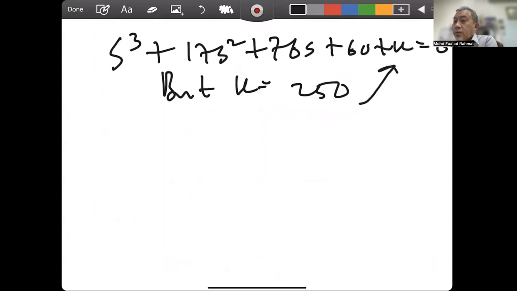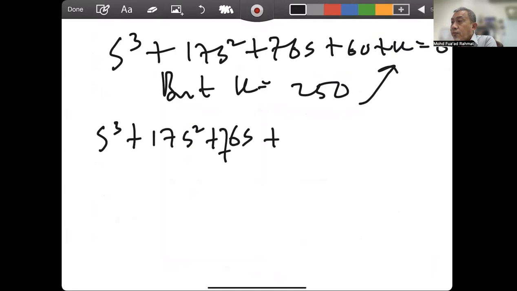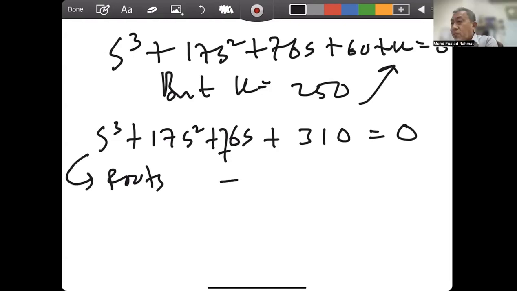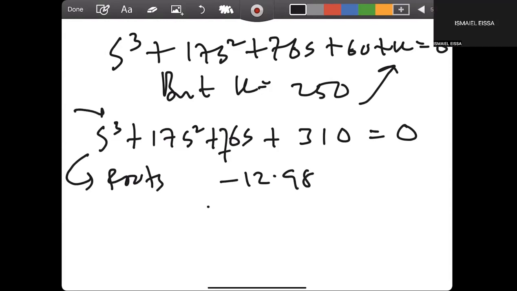So insert k inside there. 250 plus 60, so it is 310, correct? Yes. And the roots? Negative 12.98. The remaining two? Yes, negative 2 plus minus j 4.46 or 4.45.